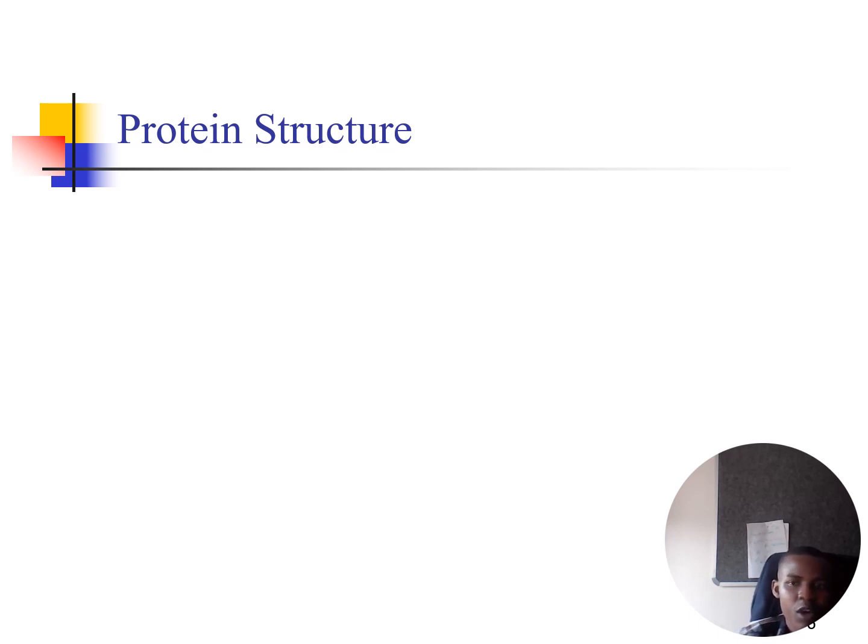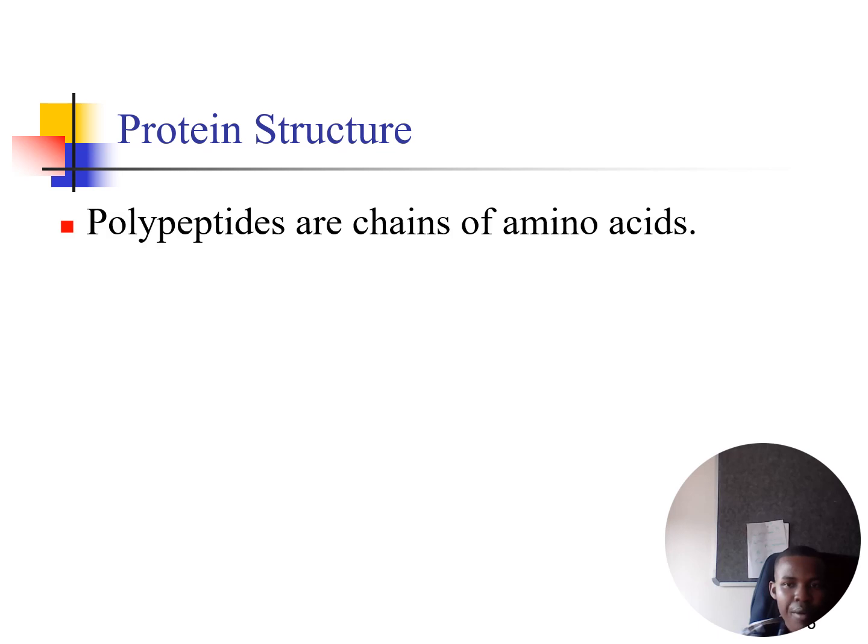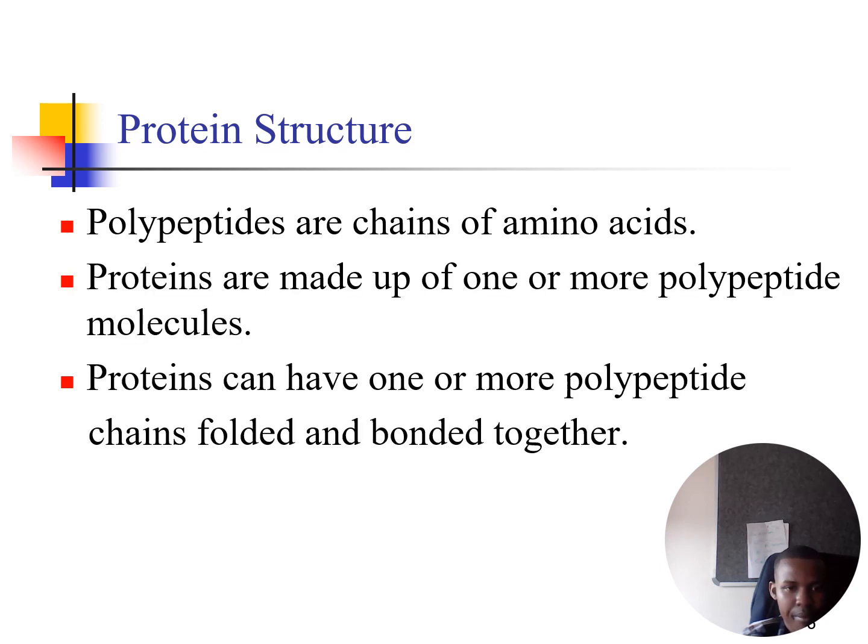Polypeptides are long chains of amino acids. These proteins can have one or more peptide chains, which sometimes can be folded or bonded together. Proteins have a complex 3D shape.